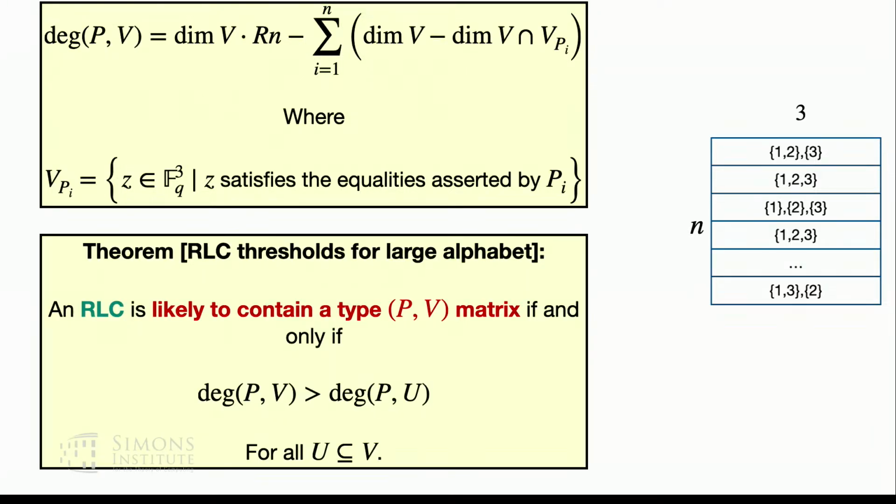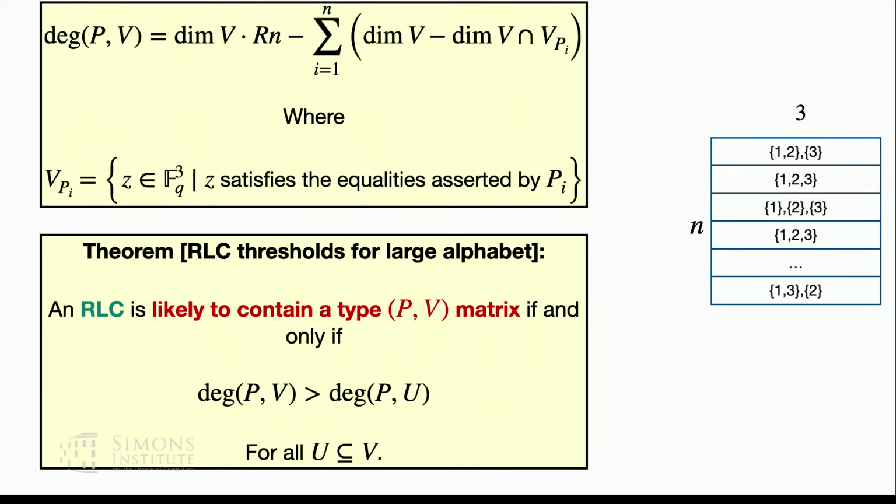Okay, so now I can give you the relevant threshold theorem. Here's when a random linear code is likely to contain a matrix of a given type. So what we want is for the degree of this type with V to be larger, and there really needs to be a small gap here.